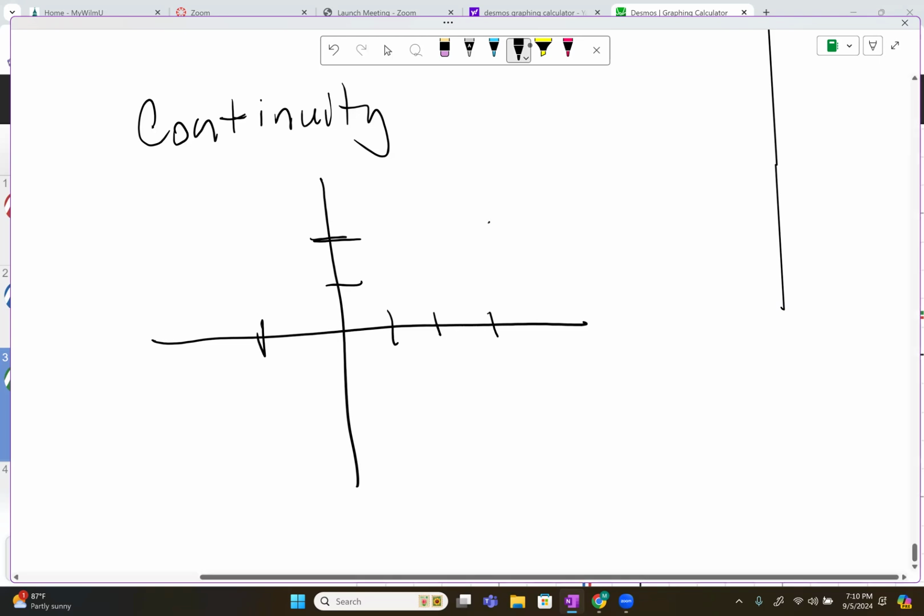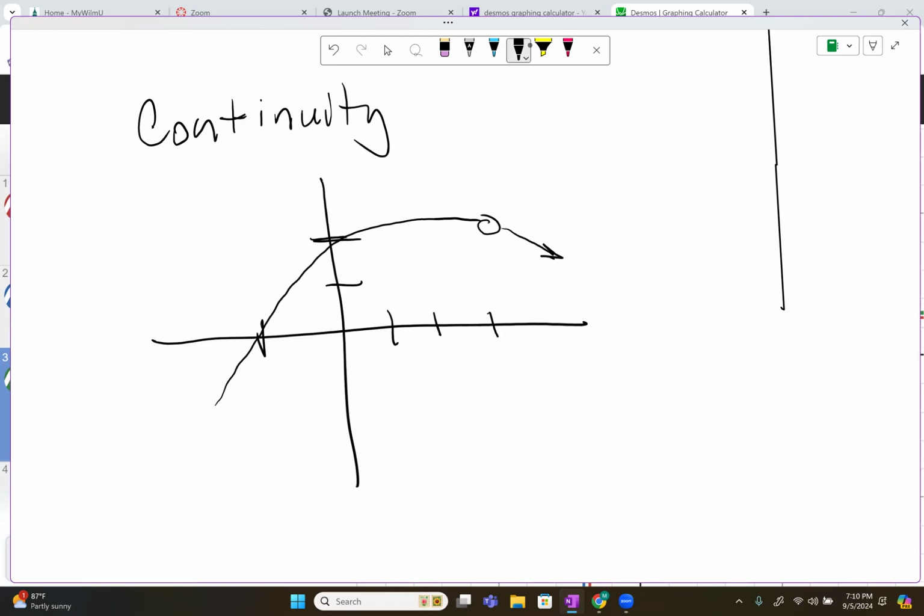And let's say at 3, I have a hole, and it goes like this. So we would look at this f of x diagram that I've drawn here and see that at x is 3, you have a function that does not exist at x is 3.